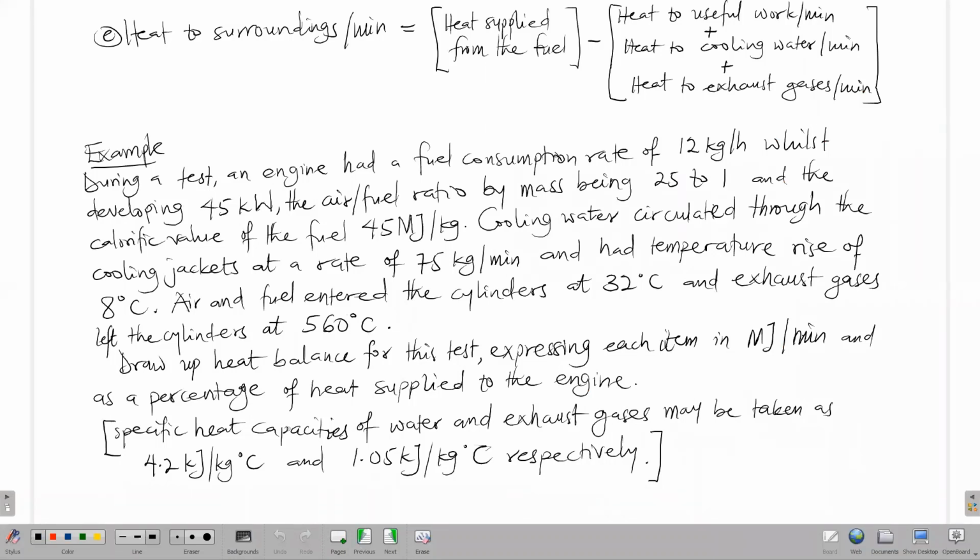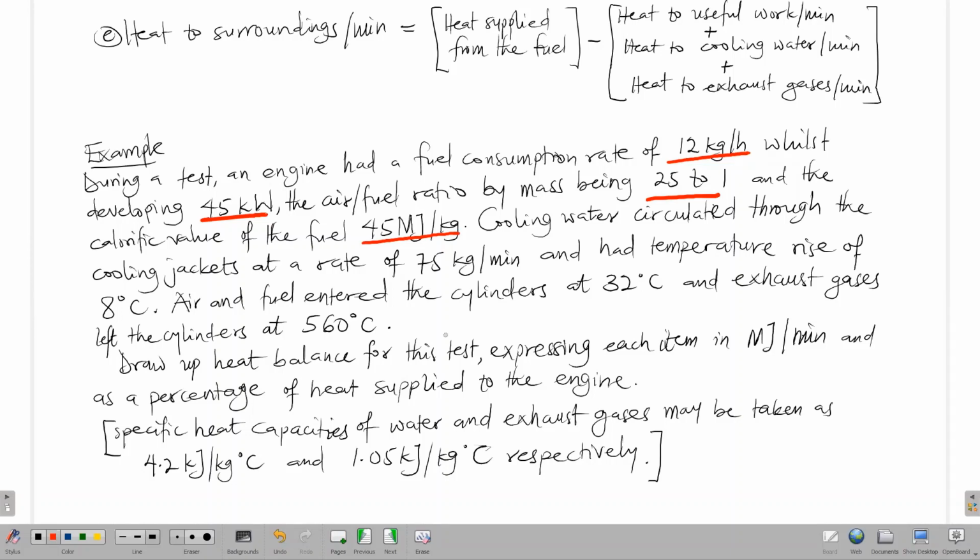During a test, an engine had a fuel consumption rate of 12 kilograms per hour, whilst developing 45 kilowatts. The air-fuel ratio by mass being 25:1, and the calorific value of the fuel was 45 megajoules per kilogram.